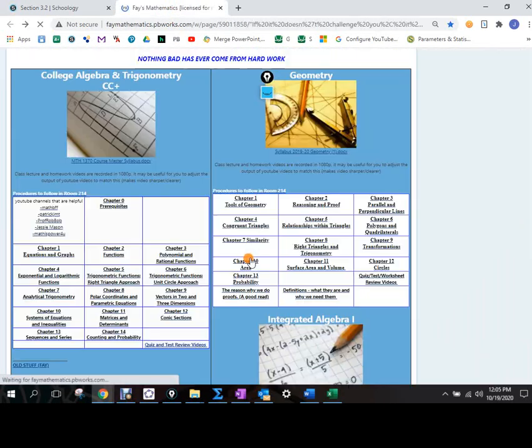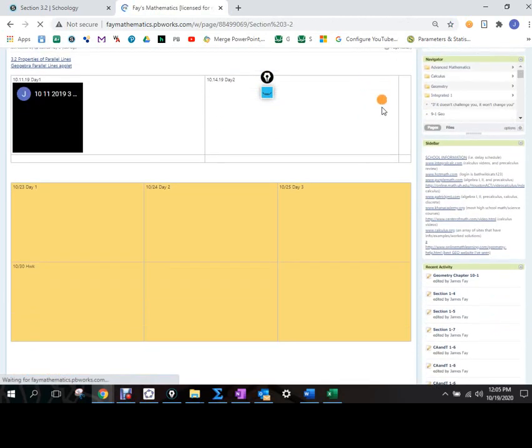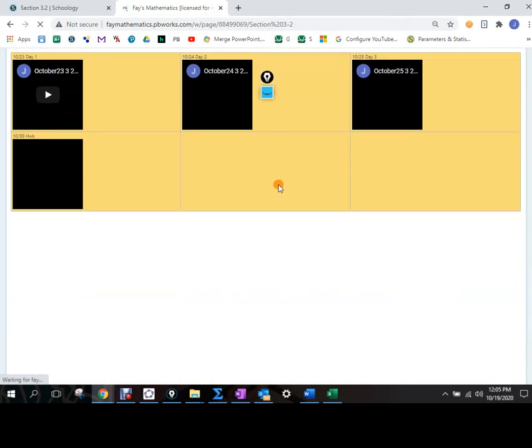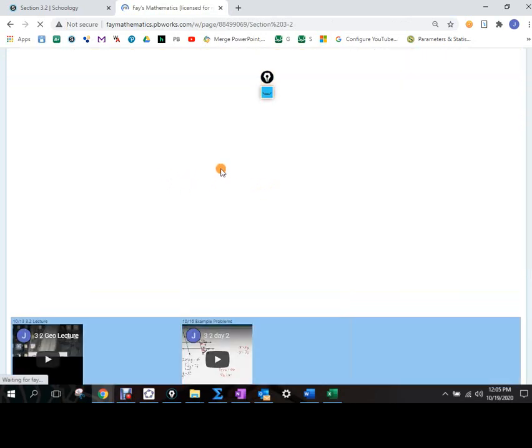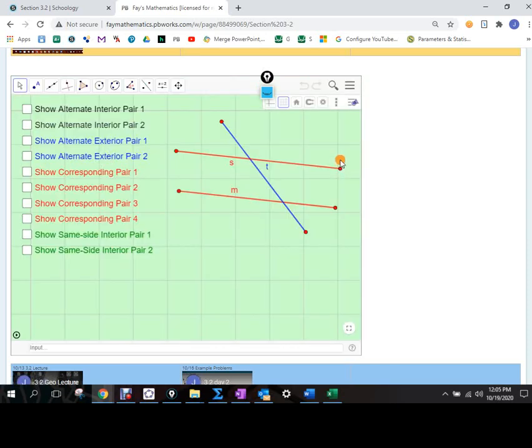But inside chapter 3, under 3.2, there are some interactives here that can help you make conclusions about same-side interior angles.